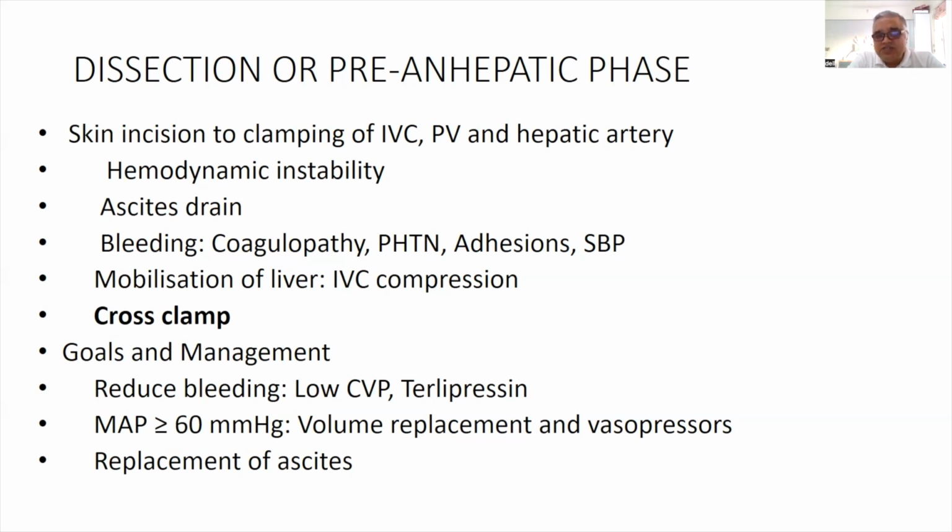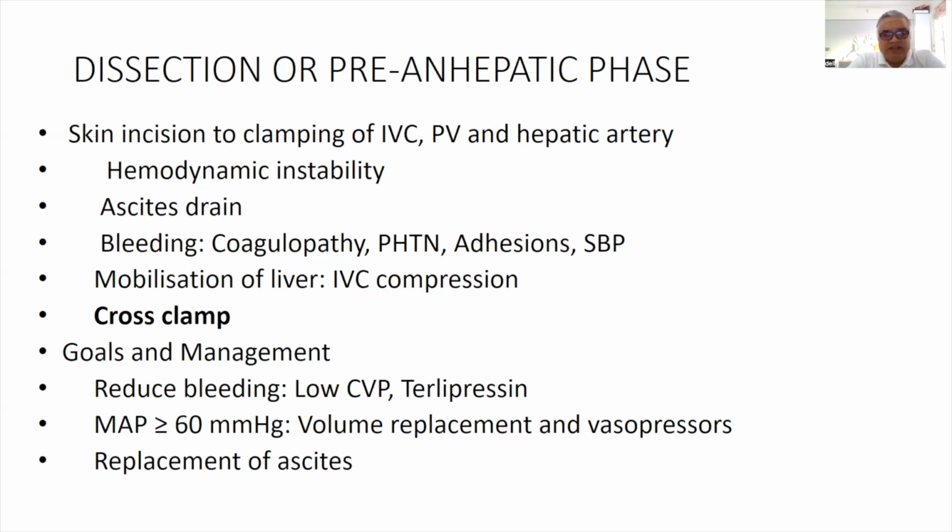Avoid using large amounts of platelet transfusion in this patient because platelets will increase the chances of thrombosis in the artery post-reperfusion. Cryo will be the best choice, and a continuous tranexamic acid infusion of 500 mg to 1 gram per hour will help you to prevent secondary fibrinolysis.